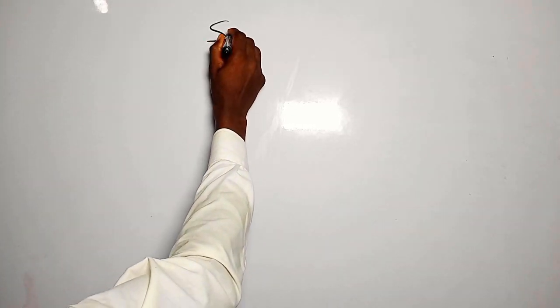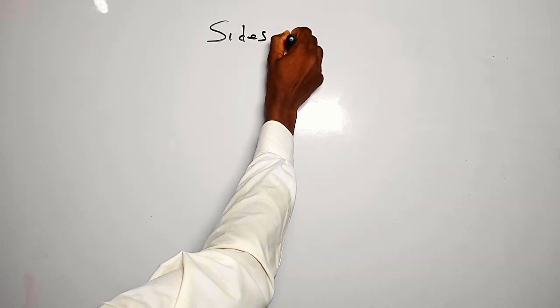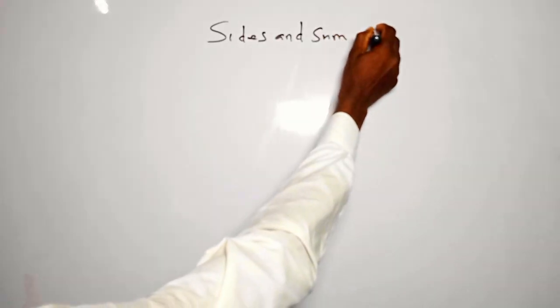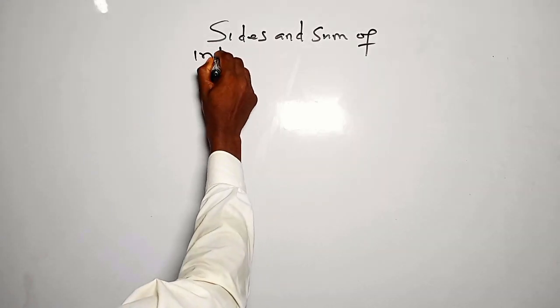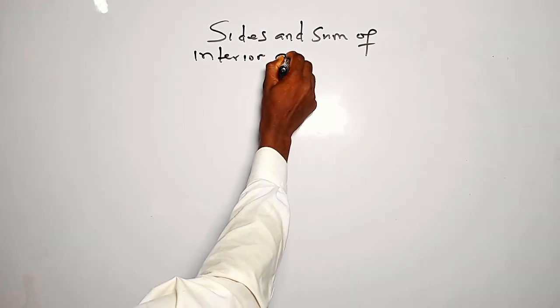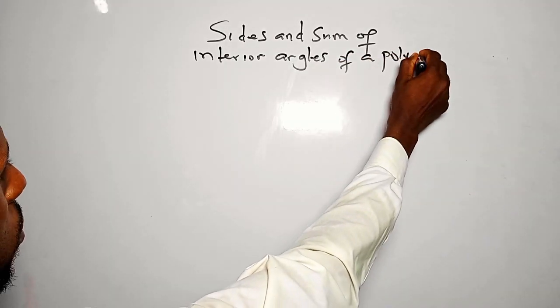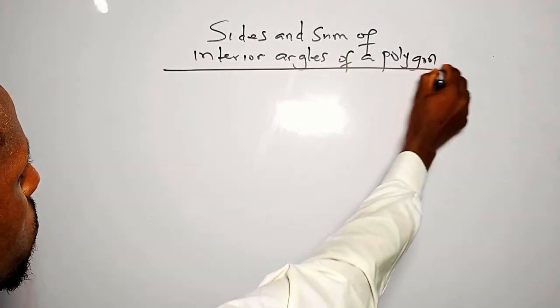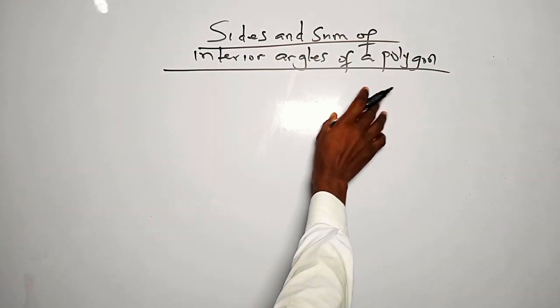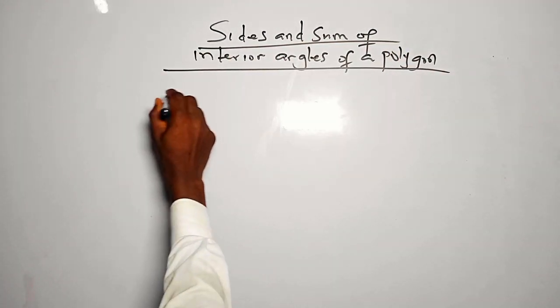Hello everyone, in our class today we'll be working on sides and sum of interior angles of a polygon. A polygon is a shape with a number of sides, either regular or irregular.